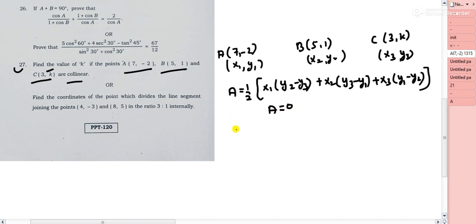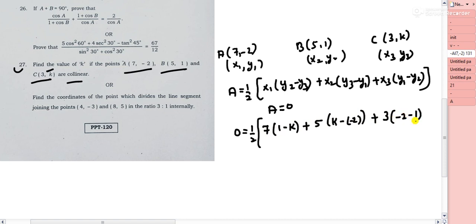So here A I will put as 0 and the rest I can substitute: 1 by 2 into x1, which is 7, y2 is 1 minus k, plus x2 is 5 into k minus y1, which is minus 2, so minus of minus 2, plus x3 is 3 into y1 minus 2, minus 1.